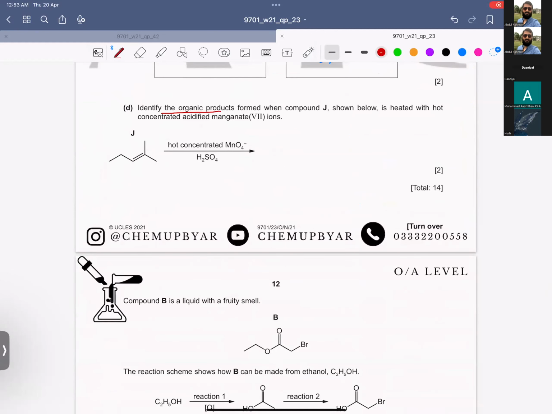Identify the organic products formed when compound J shown below is heated with concentrated acidified manganate(VII).